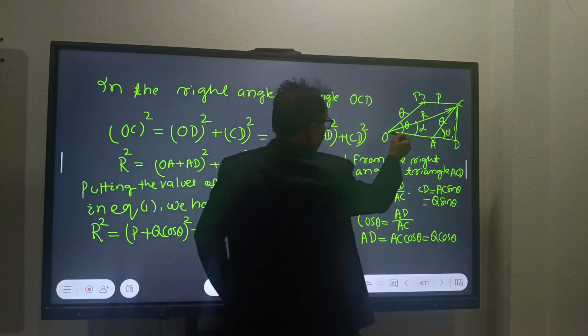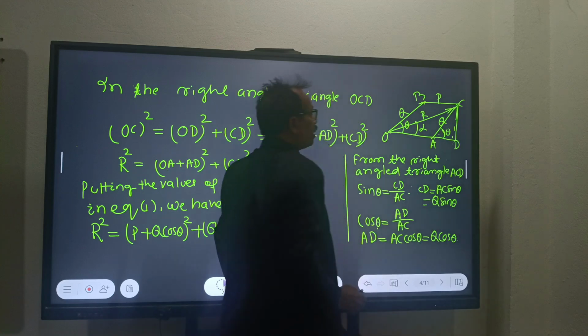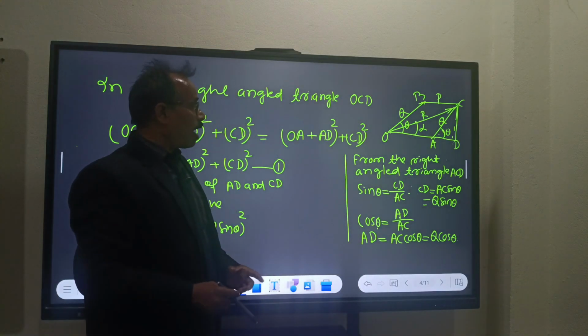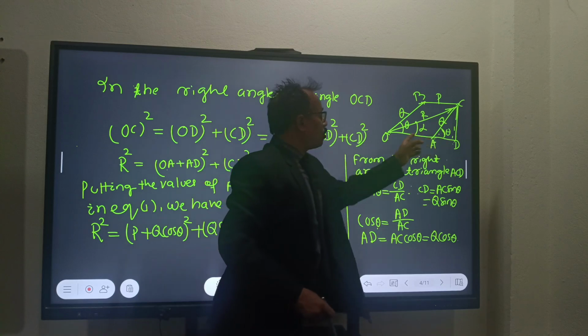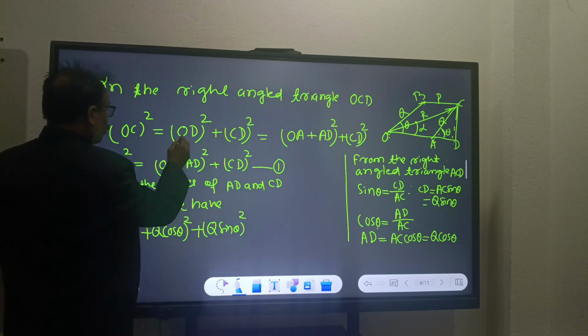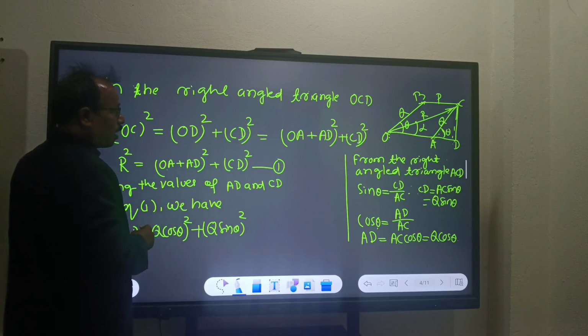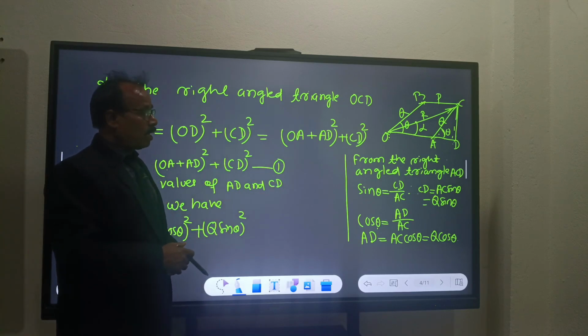Therefore, OC square is equal to OD square plus CD square. Now, OD is equal to OA plus AD. Here, OC square is equal to (OA plus AD) square plus CD square. This is equation 1.